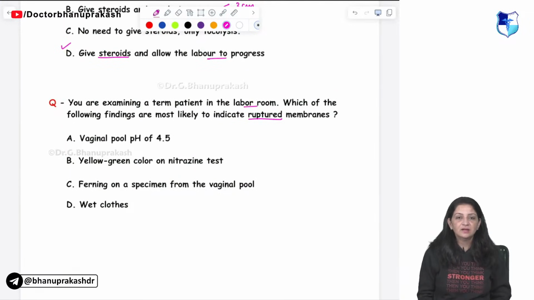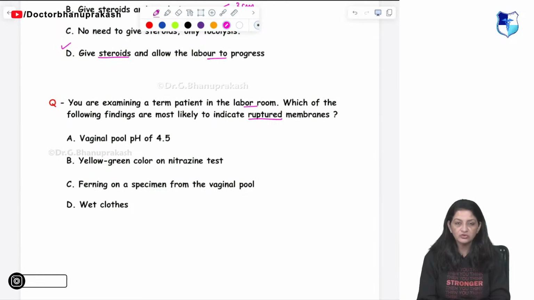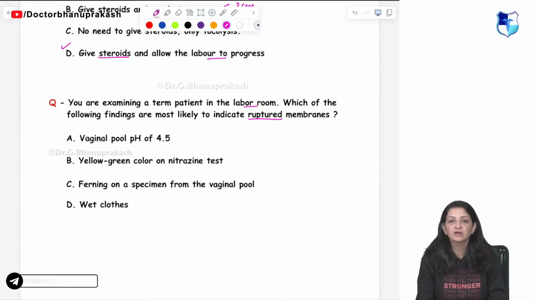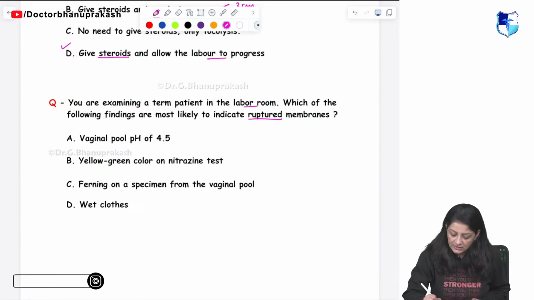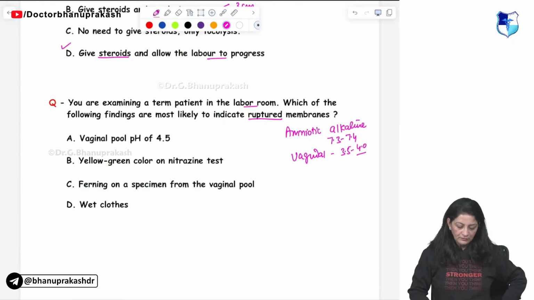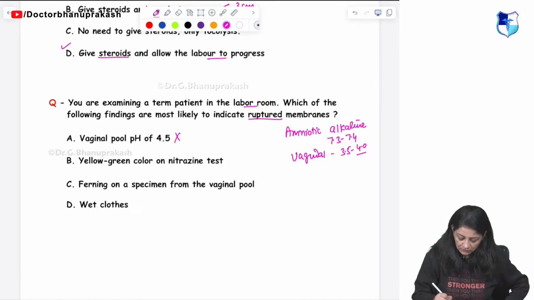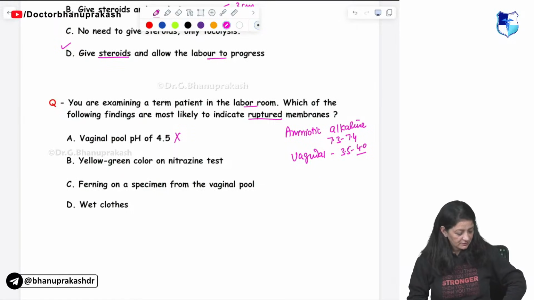We have to check whether this is amniotic fluid or vaginal discharge, by the alkaline nature of the amniotic fluid. Amniotic fluid is alkaline with a pH of 7.3 to 7.4. Vaginal discharge is acidic, 3.5 to 4. So a pH of 4 means this is not a ruptured case.